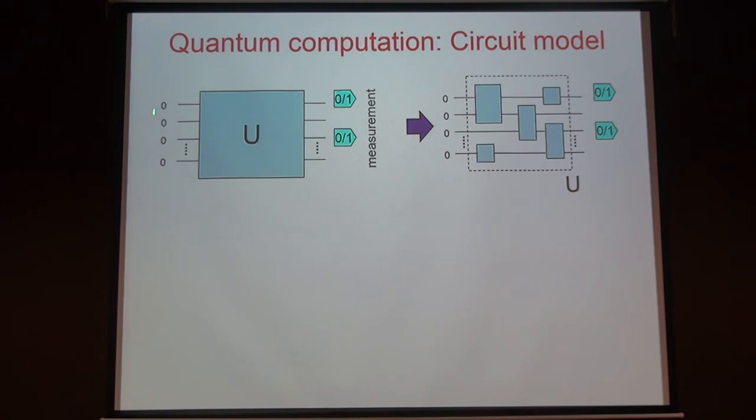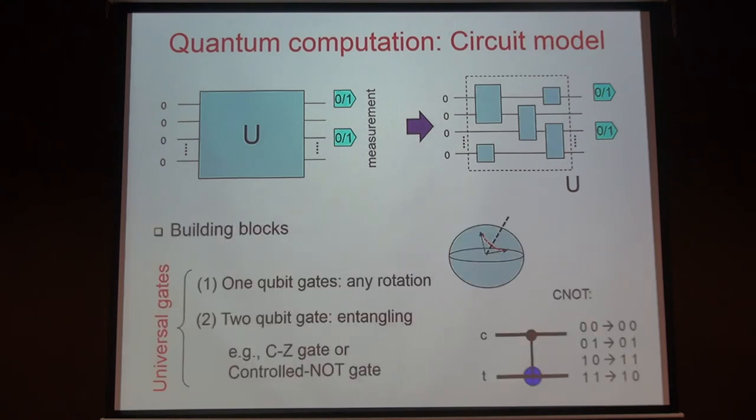You initialize your qubits to all 0, and then you go through this big U. At the end, you perform a certain measurement. There's a theorem in matrix theory that you can always decompose this exactly into a sequence of 2-qubit unitaries and 1-qubit unitaries. It's a network of these two simple elements.